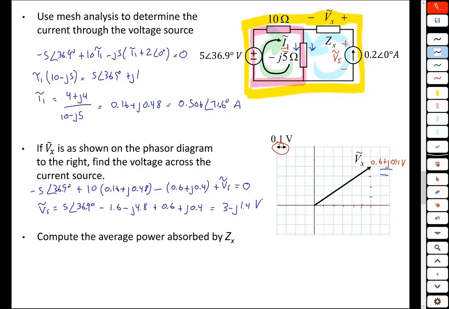In the final part of this problem, we are asked to compute the average power absorbed by Zx. Zx is this unknown impedance right here.